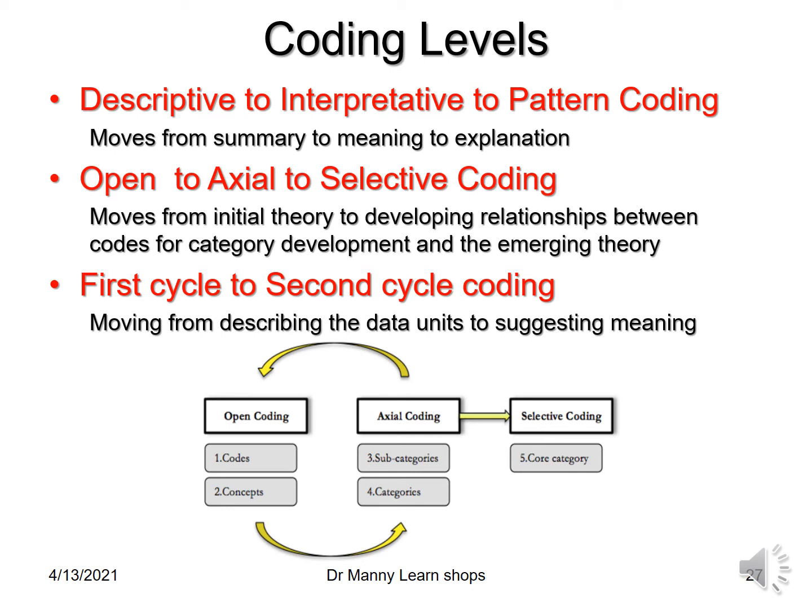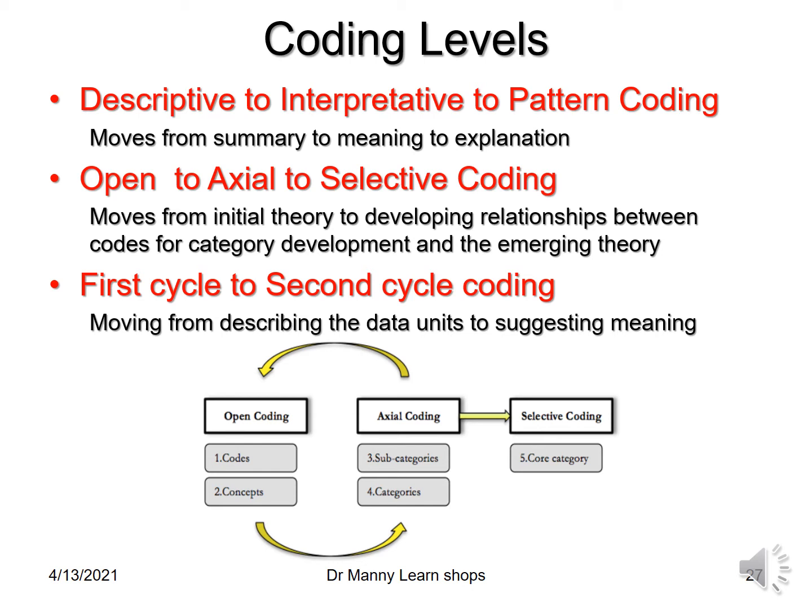They all mean different things, but they're sort of similar. And this moves from the initial theory to developing relationships between codes for category development and your emerging theory. You've got a first cycle, second cycle, third cycle, fourth cycle, possibly in the coding process.